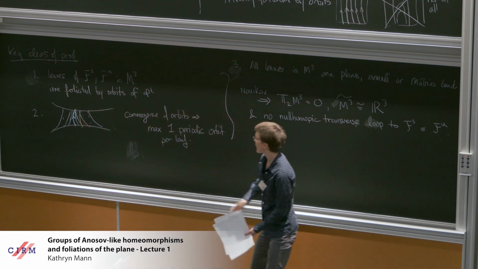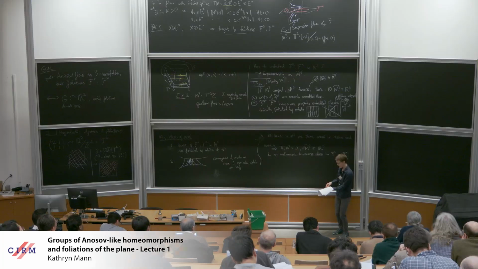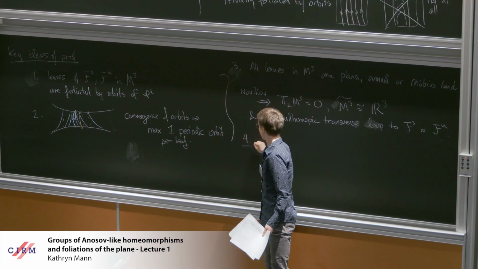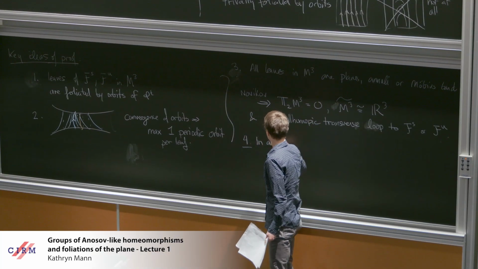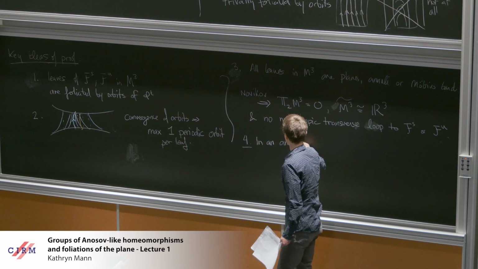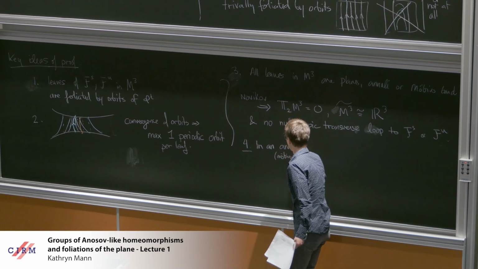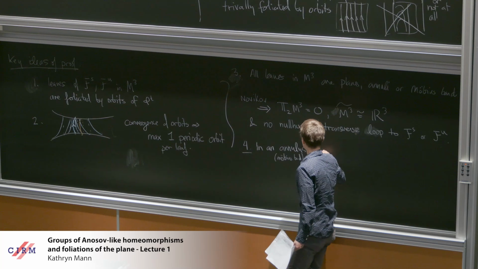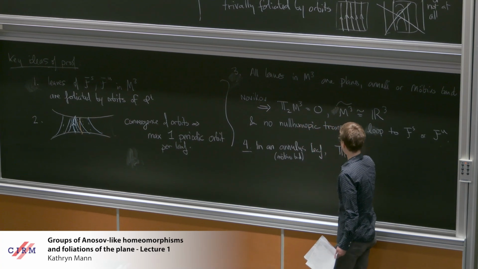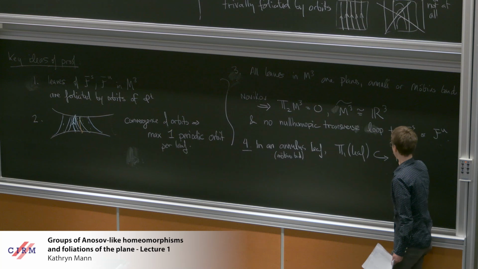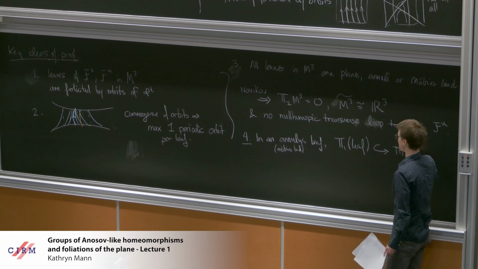So if ever I have an annulus leaf or a Mobius band leaf, pi1 of the leaf injects into pi1 of the three-manifold.